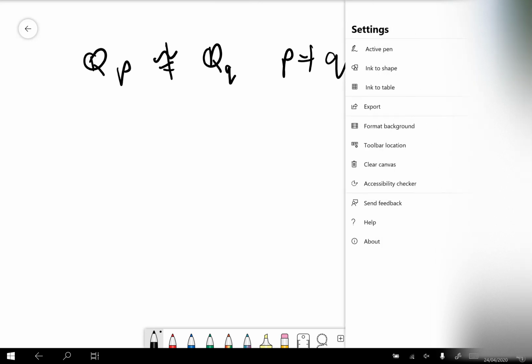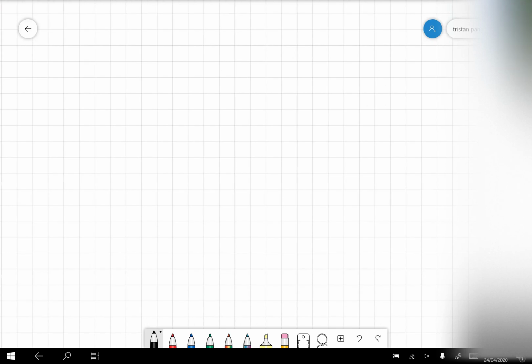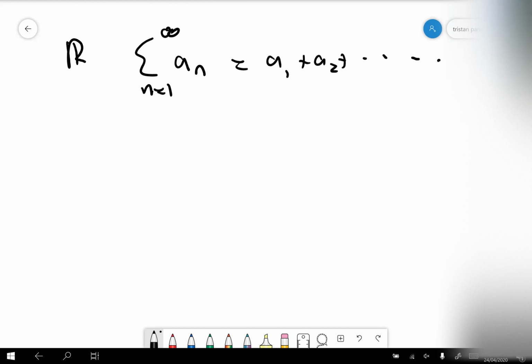And then there's a cool feature of the p-adic numbers. So if we recall in R and we take a series, say the sum of a_n, this is a_1 plus a_2 plus so on and so forth.